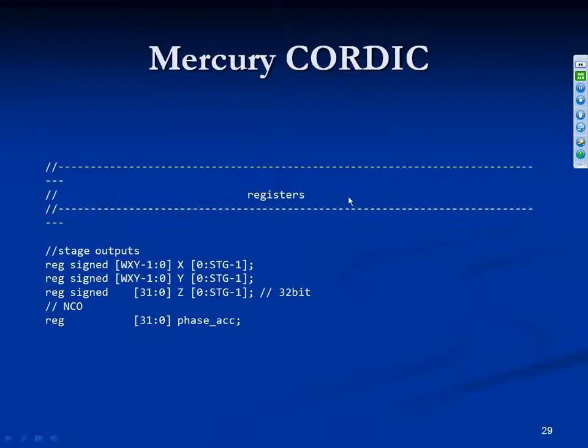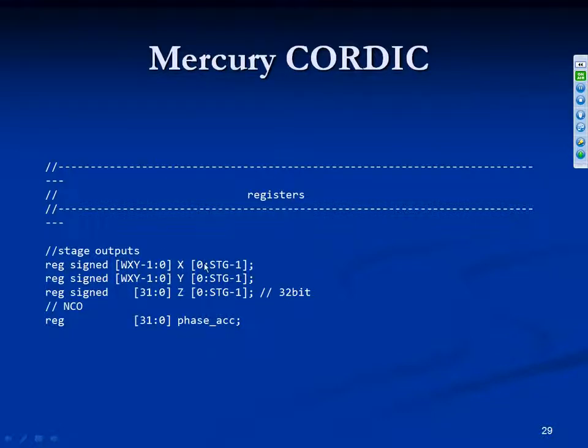Okay, then the next thing we create, we're going to look at all the code for this CORDIC. We're not missing anything. So here we have our x, y, and z. Notice that this is the width of x, this is the width of y right here, the wxy. And I'm creating pipeline stages. In other words, this is the width right here, which is going to be the 22 or whatever.